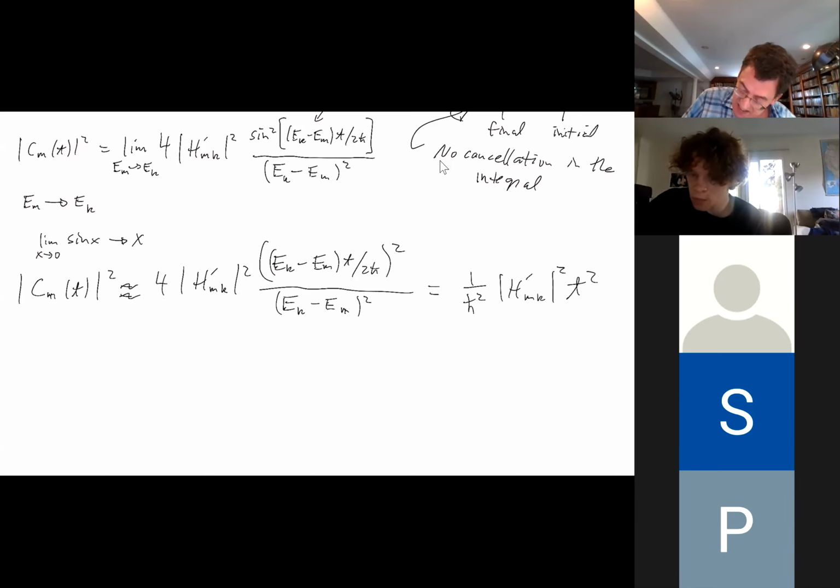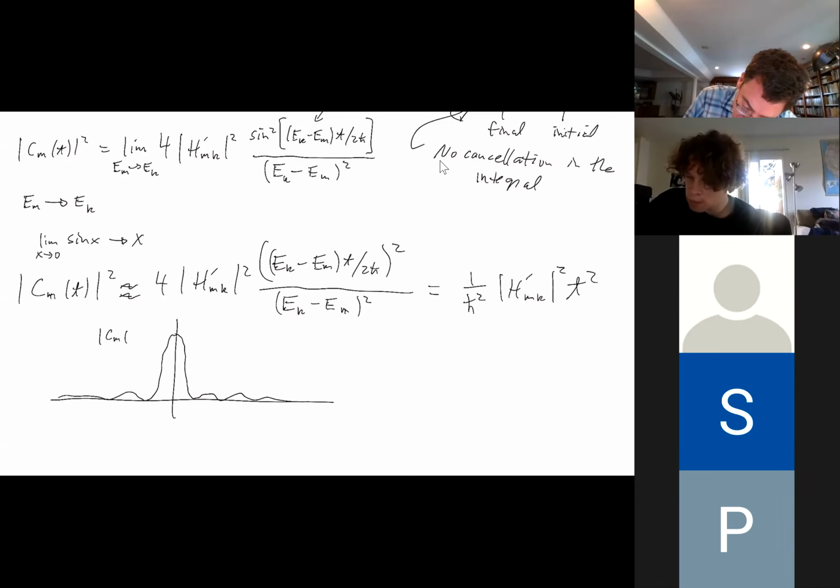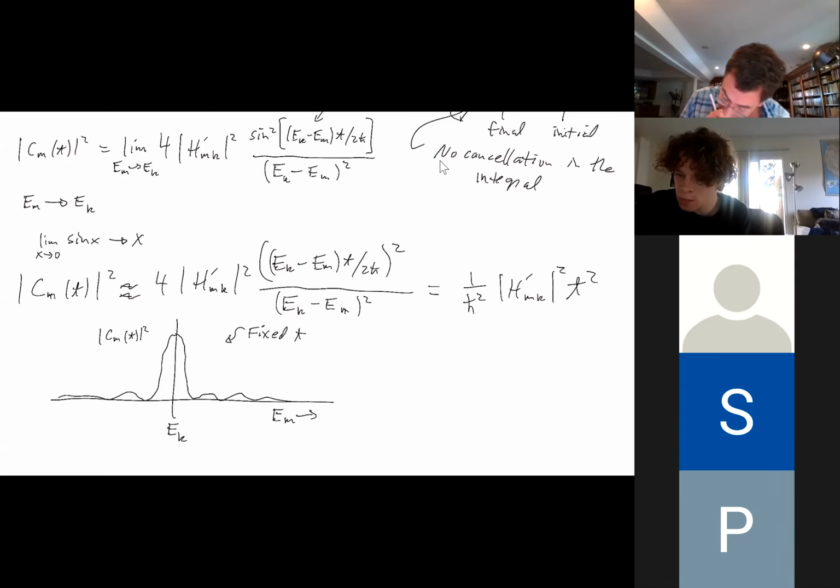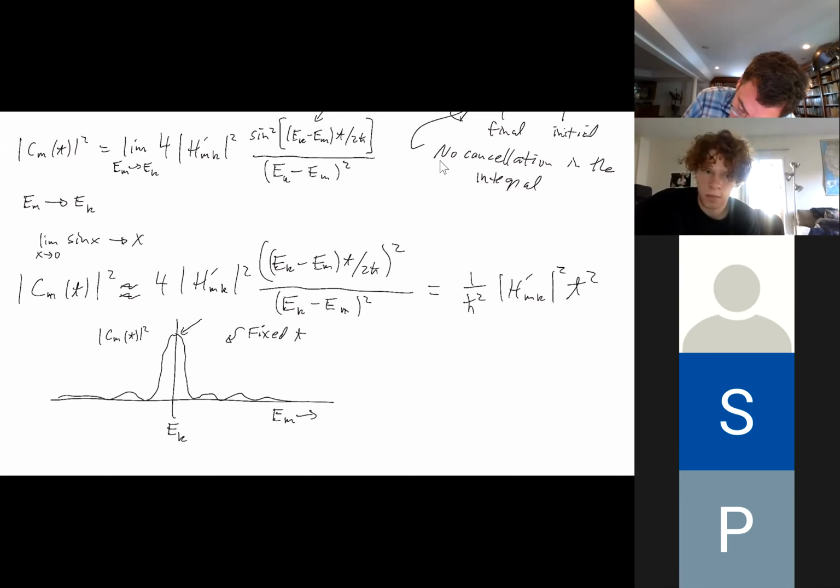And so basically what that's telling us is that if I plot this function, which is, remember, Cm of t squared for fixed t, and this is Em, and this is Ek, the initial state energy and the final state energy, then the height goes as t squared.